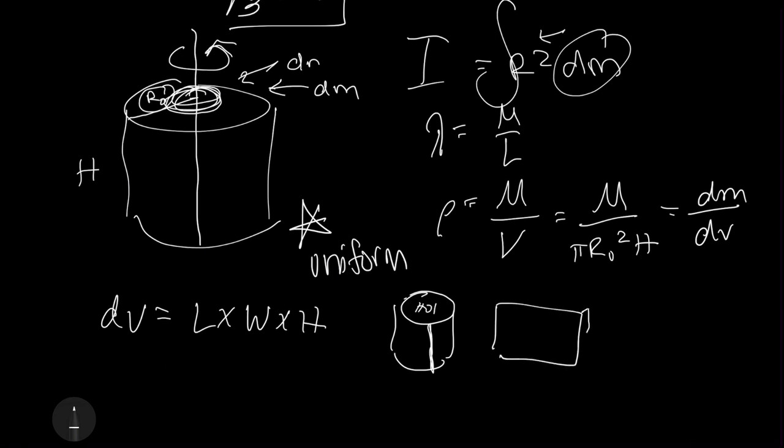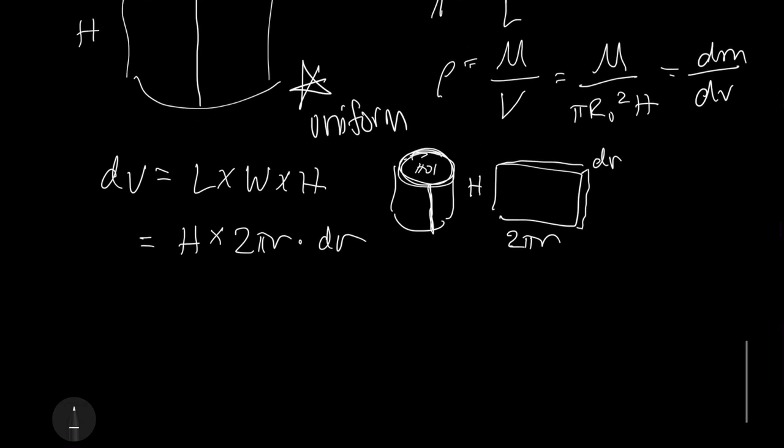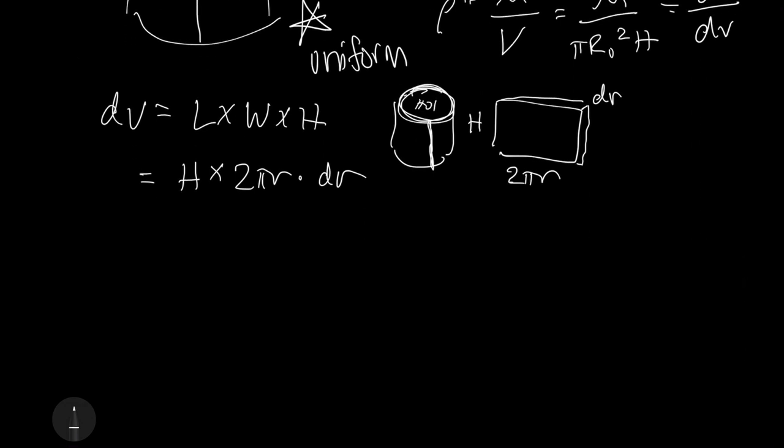It's going to have dimensions of 2 pi r, which was the circumference, the height of h still, and a thickness of dr, which is what we discussed before. So our length is going to be h, our width is going to be 2 pi r, and our thickness is going to be dr. Rearranging this for it to look better, 2 pi r h dr is going to be dv.